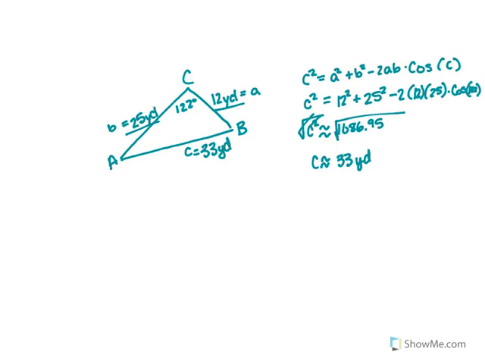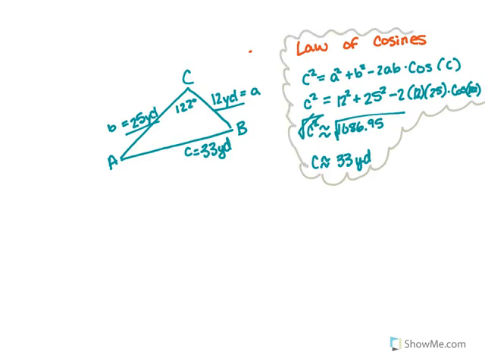We are going to now, this was law of cosines, right? So that was law of cosines. We are now going to solve the rest of this triangle, but we're going to use law of sines to do it.